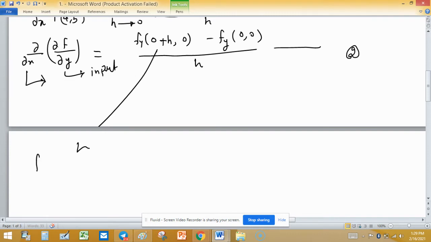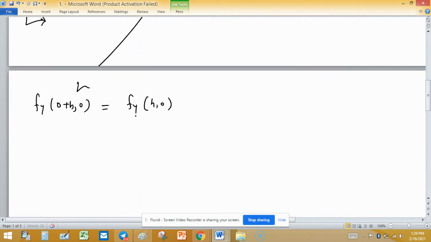First, f_y at 0 plus h comma 0 will be f_y at (h, 0). (h, 0) is the point where we need to calculate the partial derivative of f with respect to y, and it will be limit k tends to 0, because with respect to y, whenever I take a derivative with respect to y, I choose change k. If with respect to x, then h.